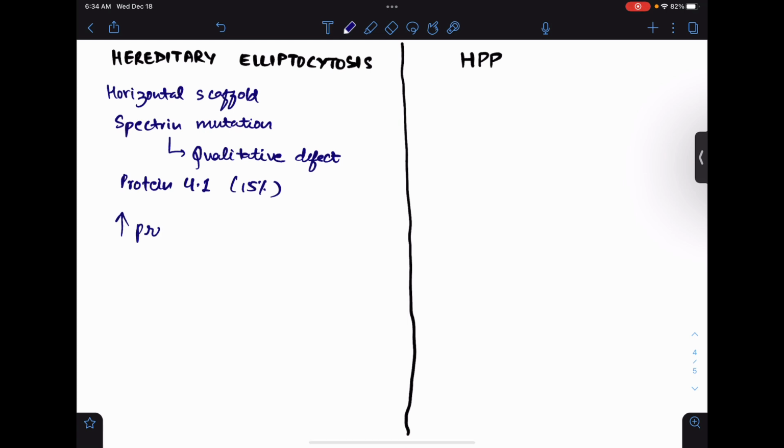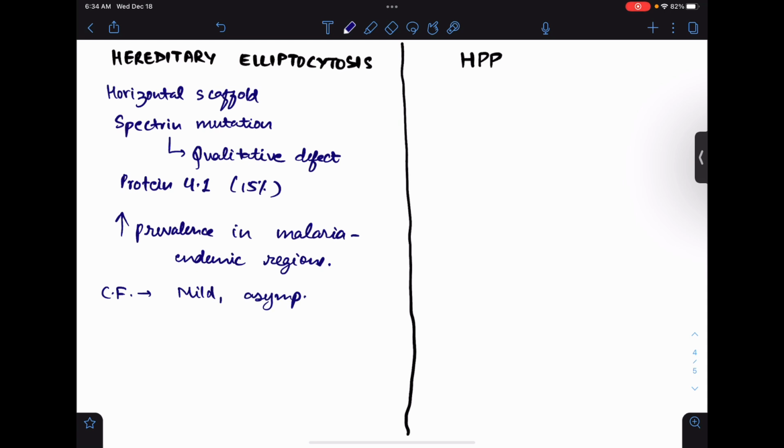Remember that protein 4.1 helps bind spectrin to actin. There is higher prevalence in malaria endemic regions, likely due to a survival advantage.